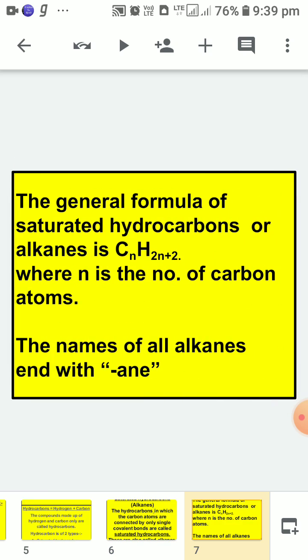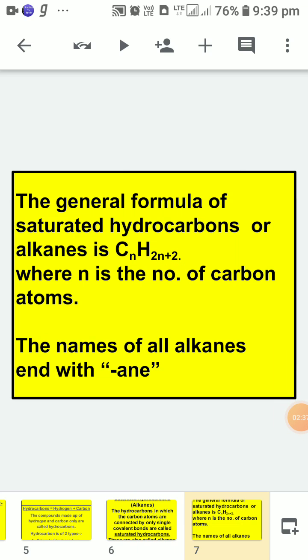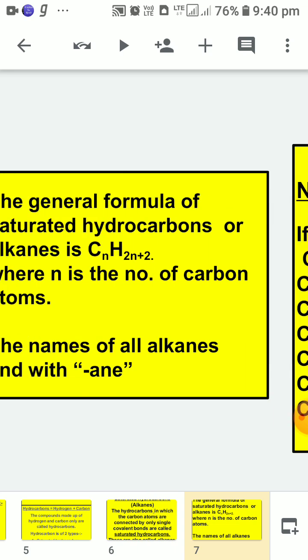The general formula of alkanes is CnH2n+2, where n is the number of carbon atoms, and the names of all alkanes end with ane. It means whenever you are giving a name to alkanes, in suffix you have to use ane.